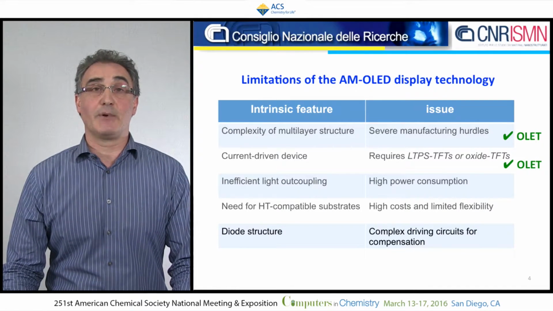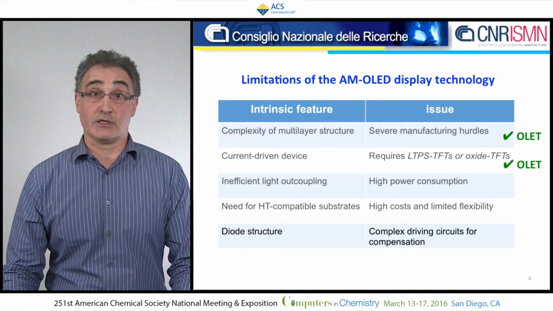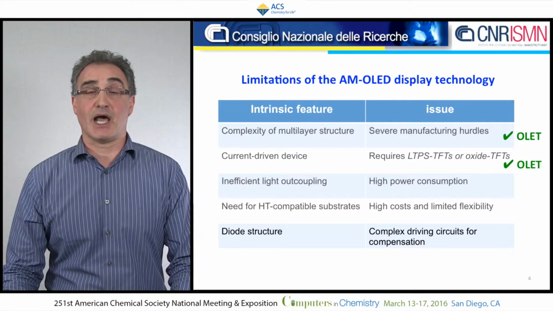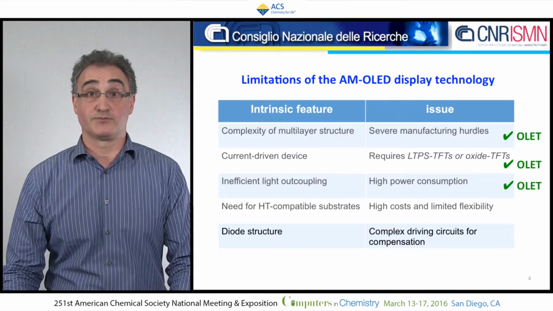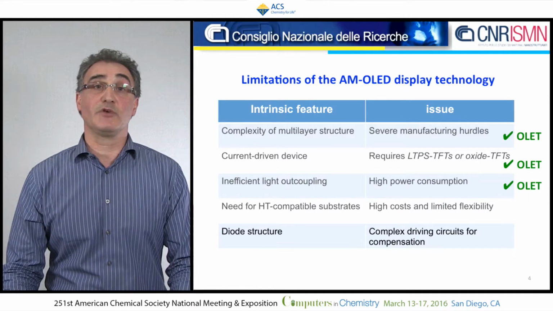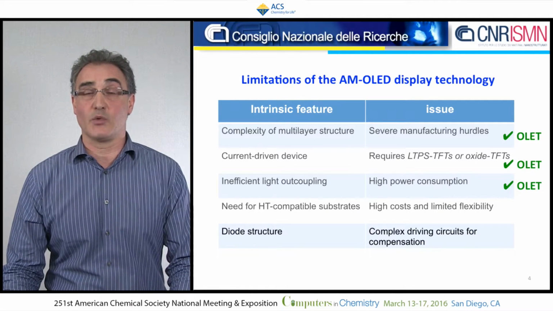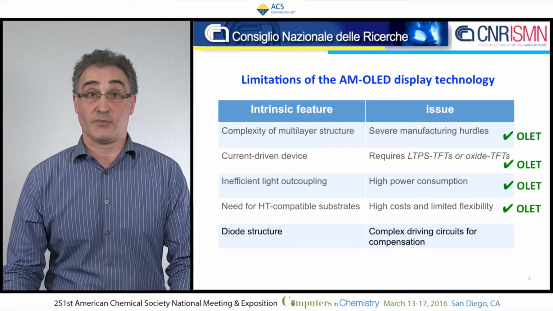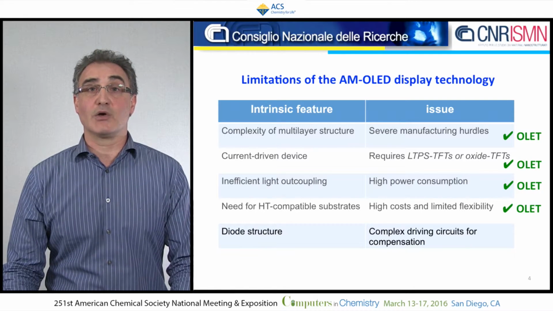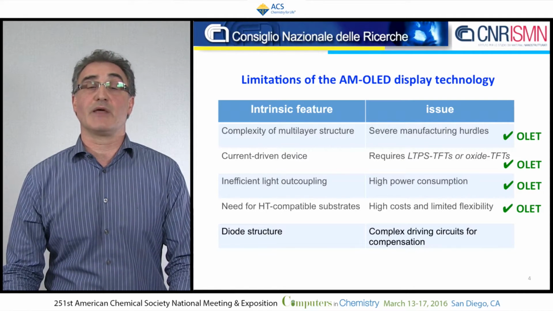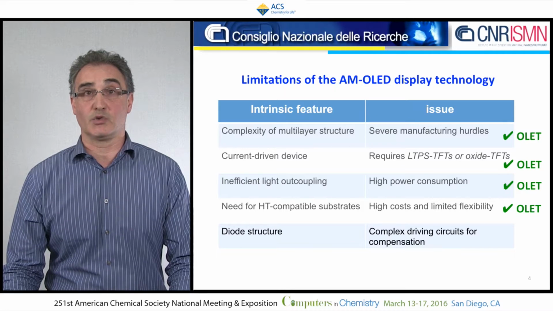The light outcoupling occurs in the middle of the channel, and this has much higher efficiency than what happens in the OLED structure. There are no specific constraints for the substrate, and the substrate can be virtually any one for device fabrication. The transistor structure allows simplification of the driving circuit for compensation in a real display application.